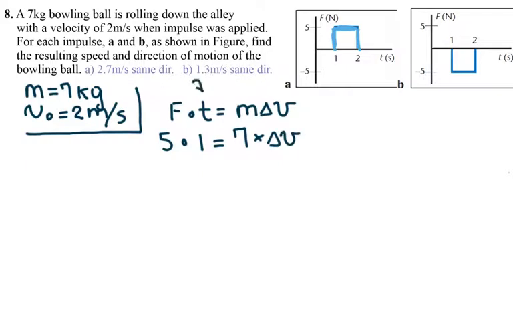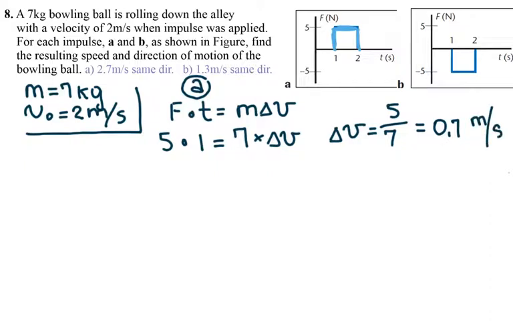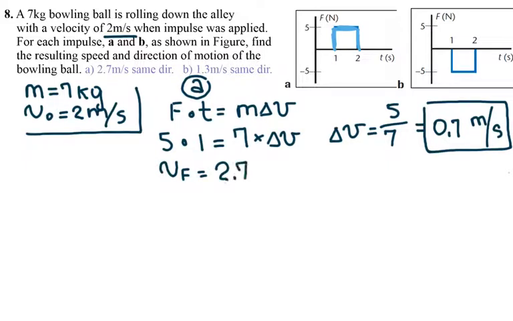So for the first part, I'm doing the A part, I see that the change of the velocity is equal to 5 over 7, which is 0.7 meters per second, 0.72 meters per second, somewhere there. And because it's a positive force applying on the ball, the velocity of the ball is going to increase. And because its initial velocity is 2 meters per second, I know the final velocity of the ball is going to be 2.7 meters per second.